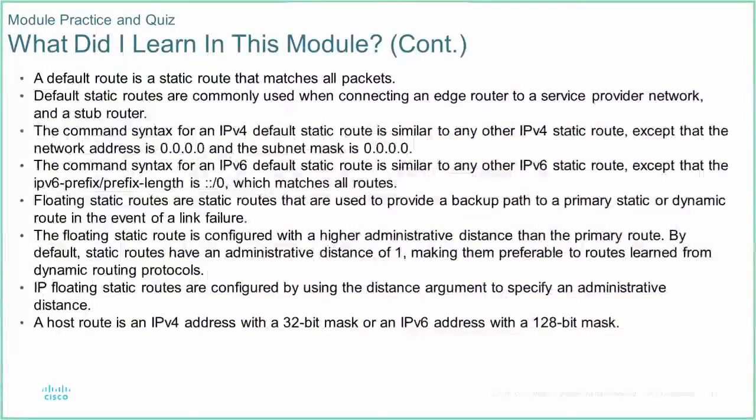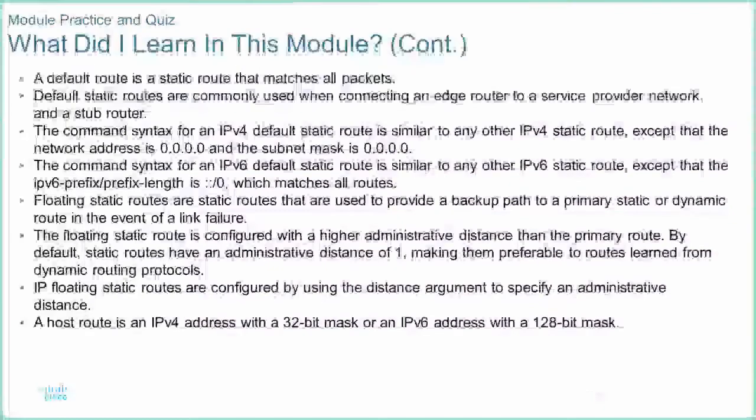Why we use the quad 0: when we don't have an explicit match in the routing table, packets would normally be discarded because there's no match, so it can't forward traffic. If we have a default route, when there's no match in the rest of the routing table, it'll match the default route and forward traffic.